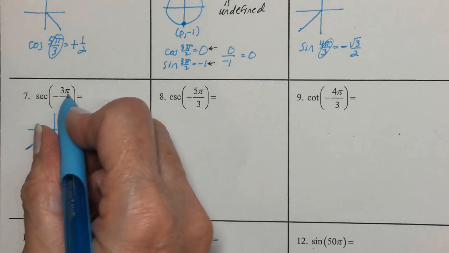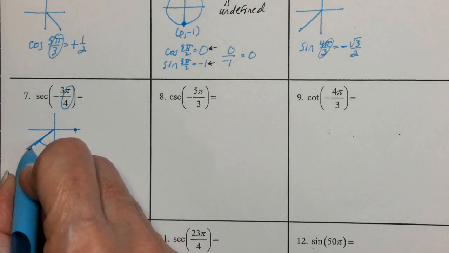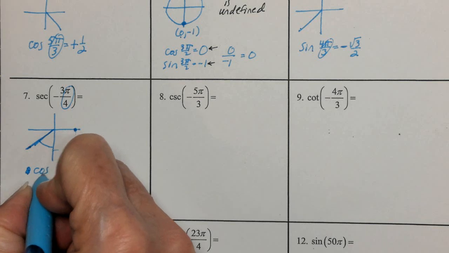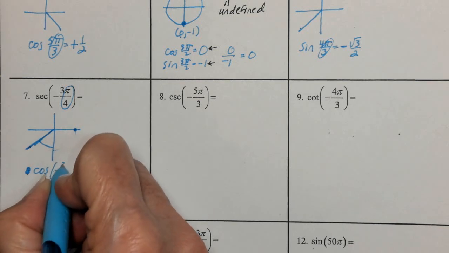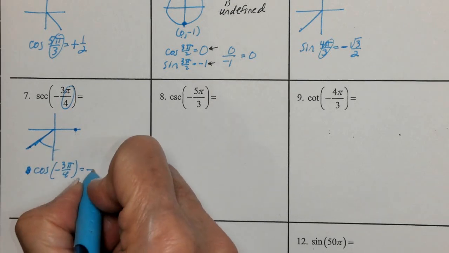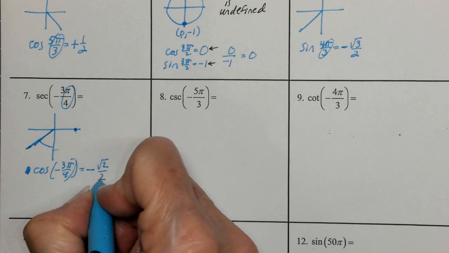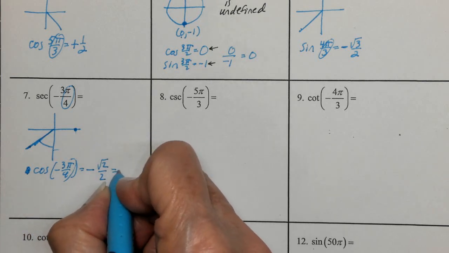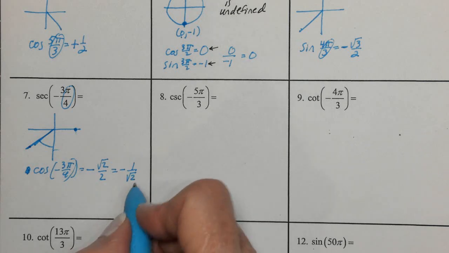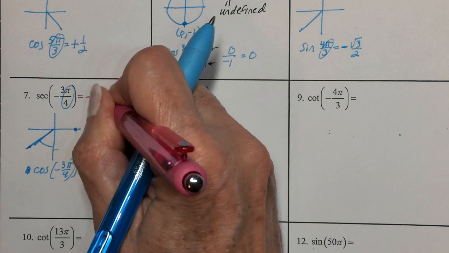So it's the pi over 4 angle in quadrant 3. Secant is the reciprocal of cosine, and cosine in quadrant 3 is negative. It's a pi over 4, so it's square root 2 over 2, which came from negative 1 over square root 2. So the reciprocal of that is just negative square root 2.